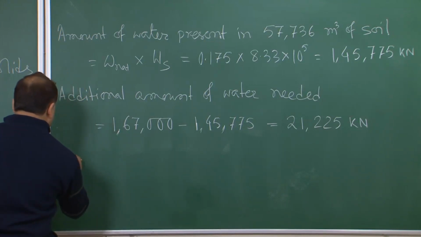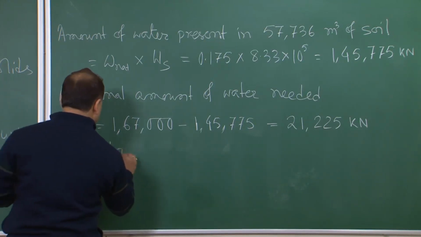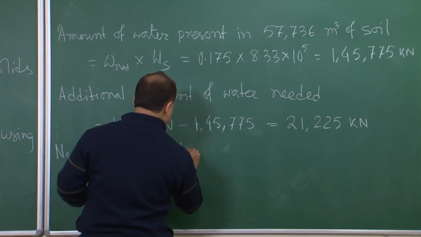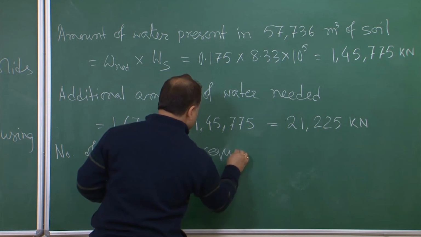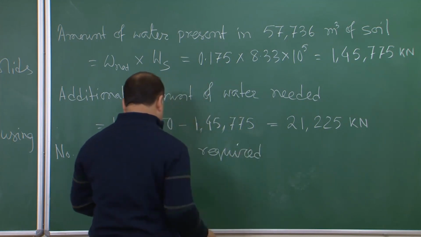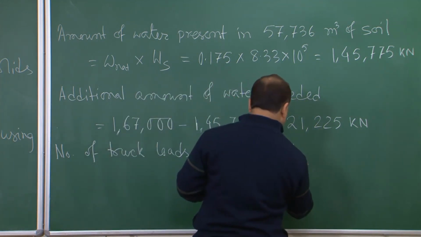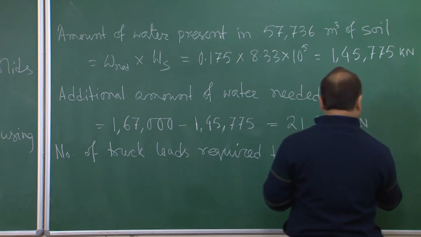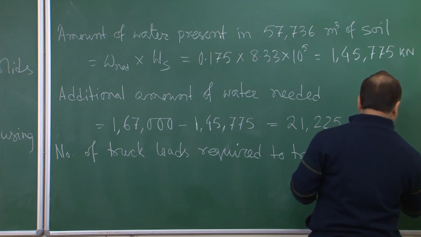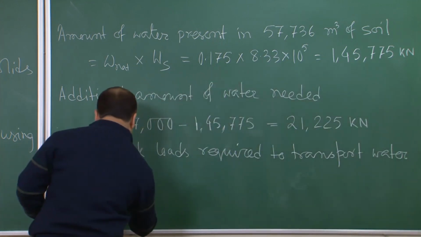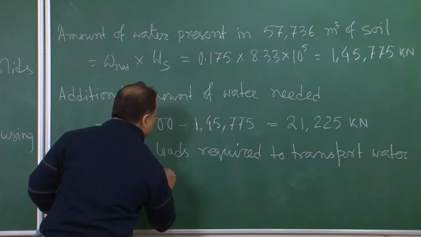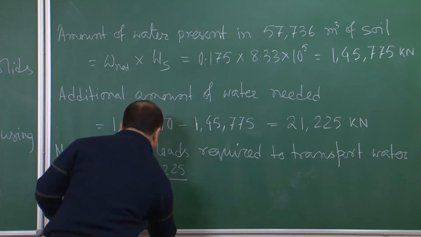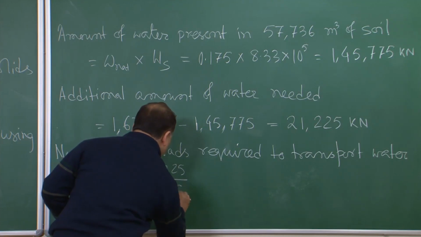So number of truck loads required to transport water is equal to 21,225 by 10 into 9.8.